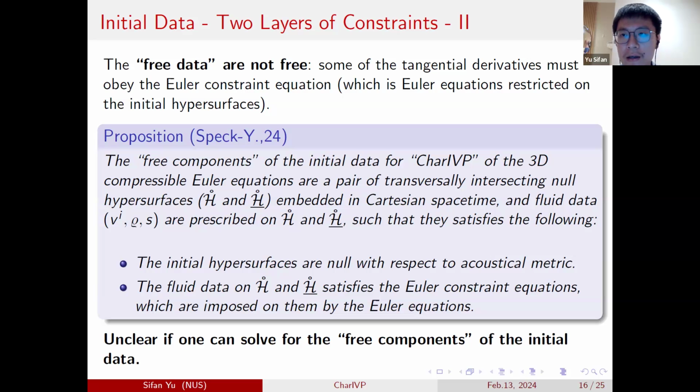You want to prescribe fluid variables v, rho, S on the initial hypersurface in a certain way such that they satisfy the Euler equations. This proposition tells you what are the legitimate initial data you want to put in.